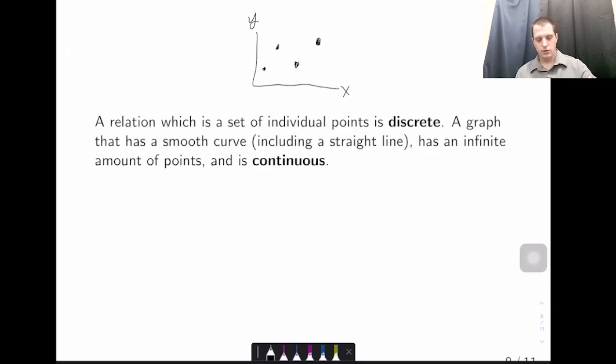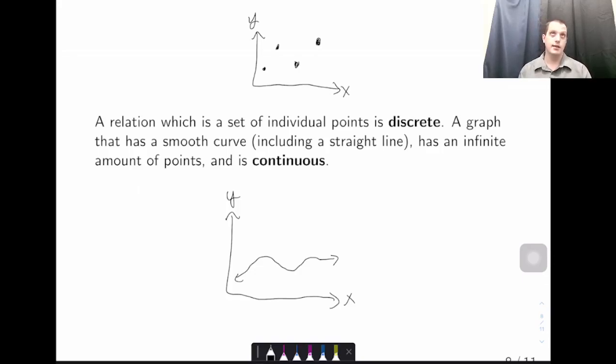continuous. So continuing on with this, if we had a graph and here's our x, here's our y, I forgot arrows before because they do go on forever, and we have a smooth curve, something which might look like this. That curve, though it looks like a line, is actually an infinite amount of dots, like the one up above.